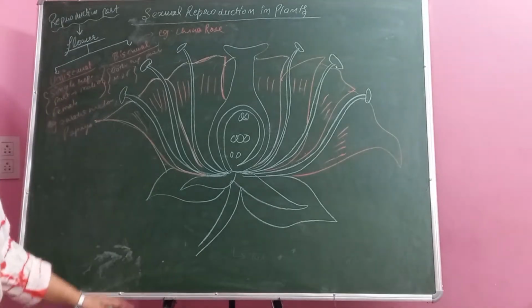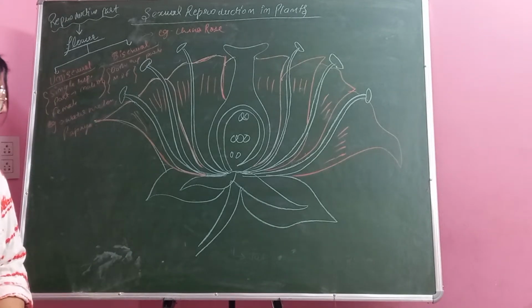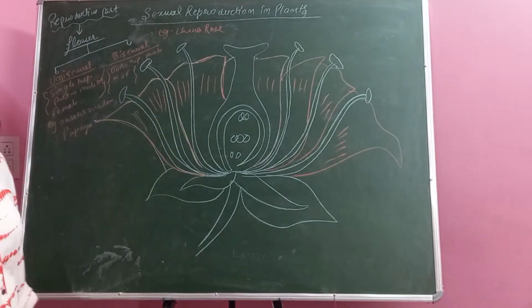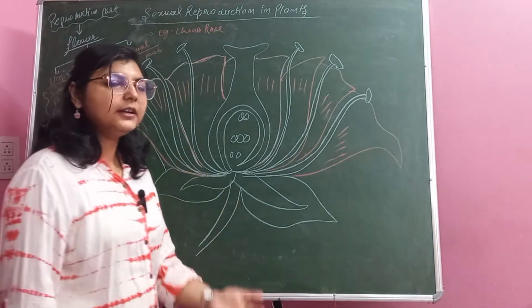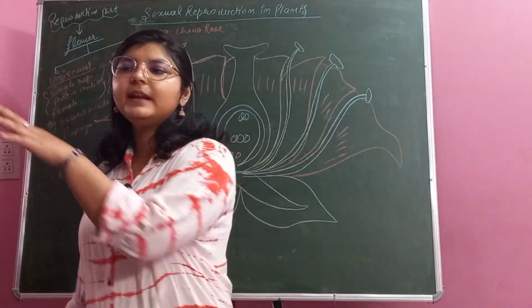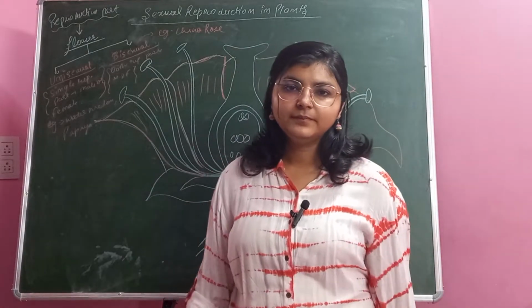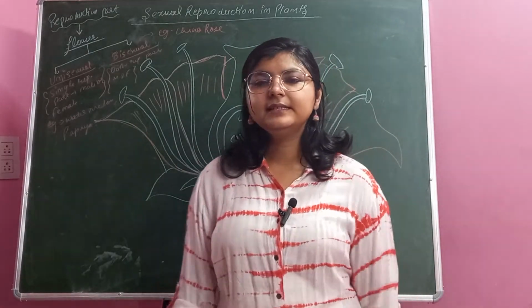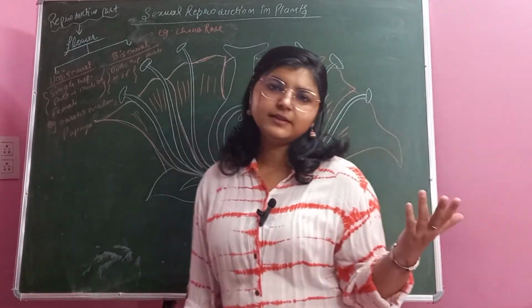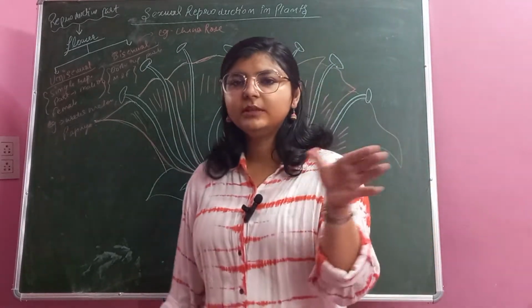Why I drew it? The reason is that I want to explain the male reproductive part as I did in humans, and the female reproductive part. For that, instead of drawing two different flowers, we are just drawing a single flower in which both the parts are present.